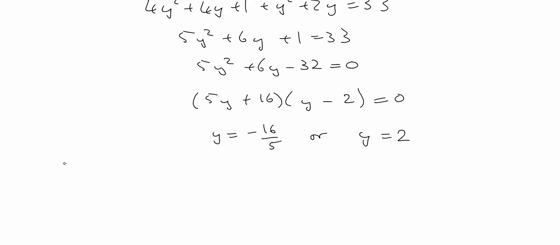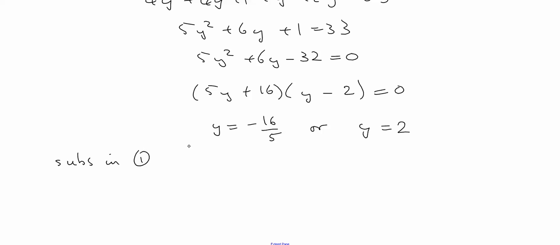And then substituting in 1, which is x minus 2y equals 1, we have x equals 1 plus 2y.